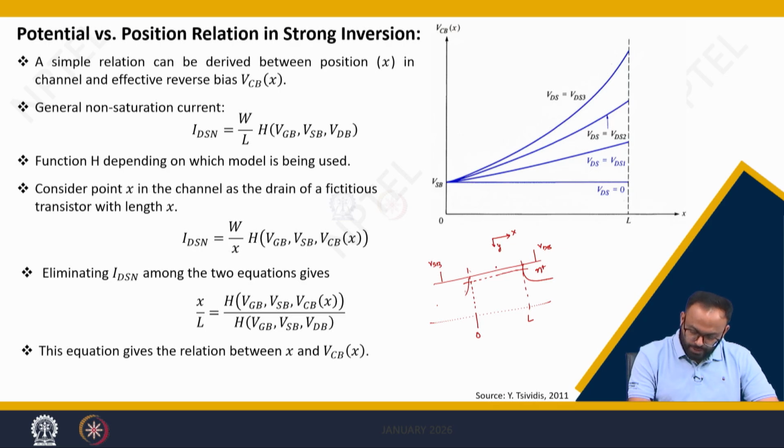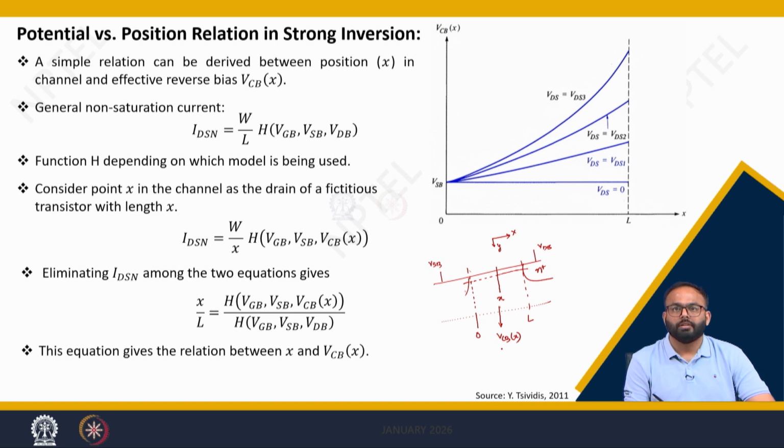But if I take any position at x, then the voltage at this point is VCB of x, with body as the reference. At this position, this can act as a virtual drain. So if this is the channel length in general, and I integrate dx between 0 and L, I can relate this position with respect to voltage.